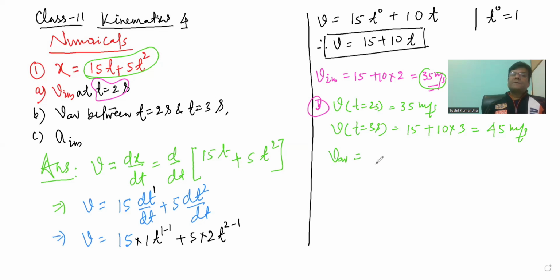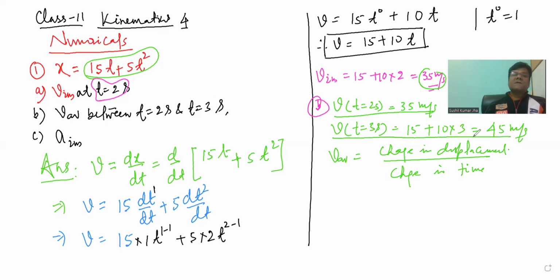So v average basically is change in displacement upon change in time. Basically, we have found velocity, so this way we can find change in velocity, or average acceleration we can calculate, which is not part of the question. We can calculate. So for average acceleration, first we have to find v average.